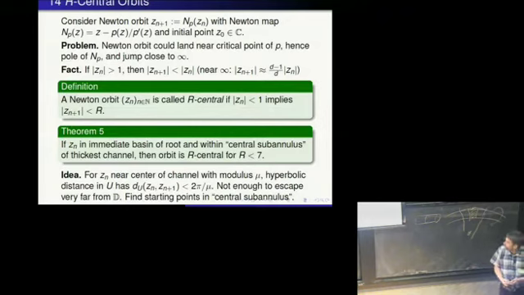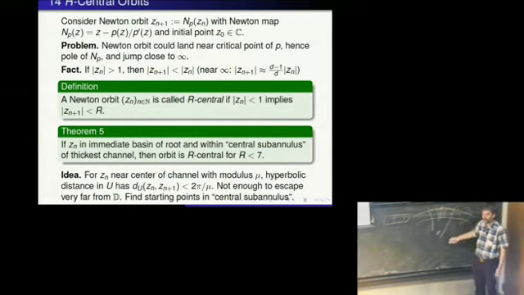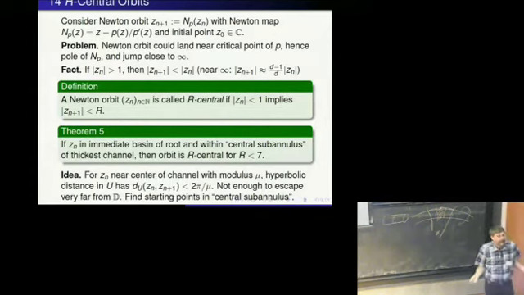So once you have that, then finding good starting points is easy. We have this old result that tells us how many starting points we need in order to be in the immediate basin. Well, now we pretend our immediate basin is just the middle third of this. We need about 3 times as many starting points. And then we know we are central, so we can never escape too far.